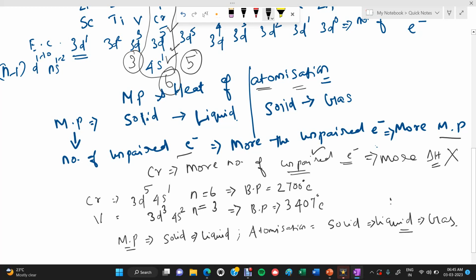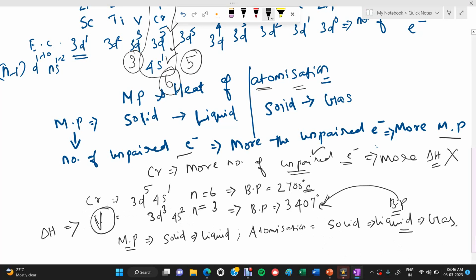So the boiling point plays an important role here. That's why the boiling point of vanadium is higher than the boiling point of chromium, so vanadium requires more enthalpy of atomization. Delta H for atomization will be more in the case of vanadium than chromium. Is that clear?